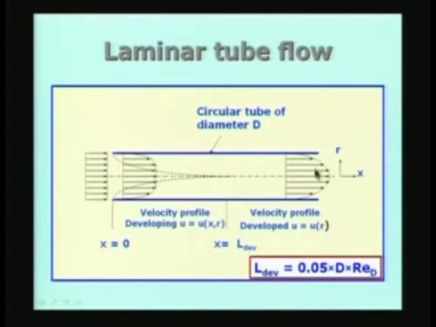What I have shown here is typical of the velocity profile anywhere after this particular location. This velocity profile is valid from here onwards for x greater than L DEV. So the velocity profile actually becomes a function only of the radius, and therefore depends only on the radial coordinate. It does not vary with the location. So we say that the velocity profile is now fully developed.